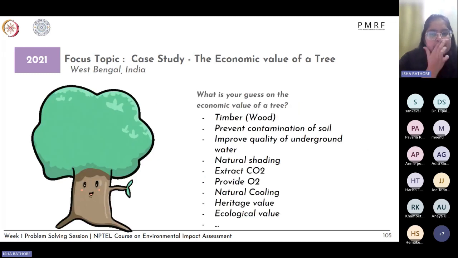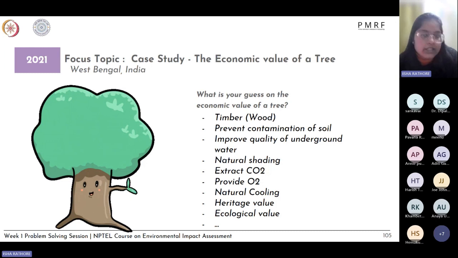Okay, so to go about this process, the 5 expert committee looked at the ways in which a tree can contribute to economic value. It can provide you with timber, it can provide you with wood, it can prevent the contamination of soil, improve the quality of underground water, give you natural shading, extract CO2, give you oxygen, and it has a natural cooling effect.